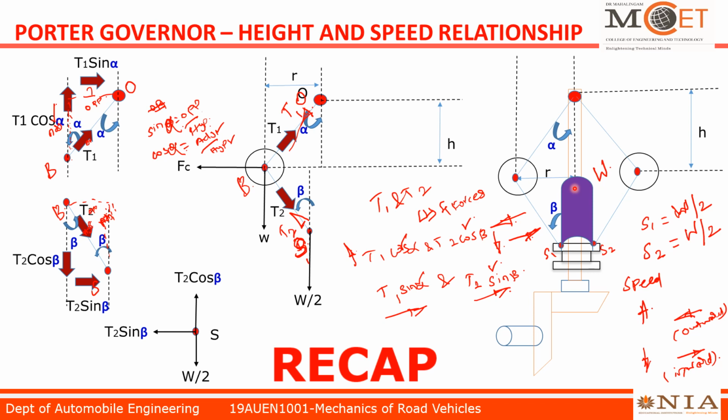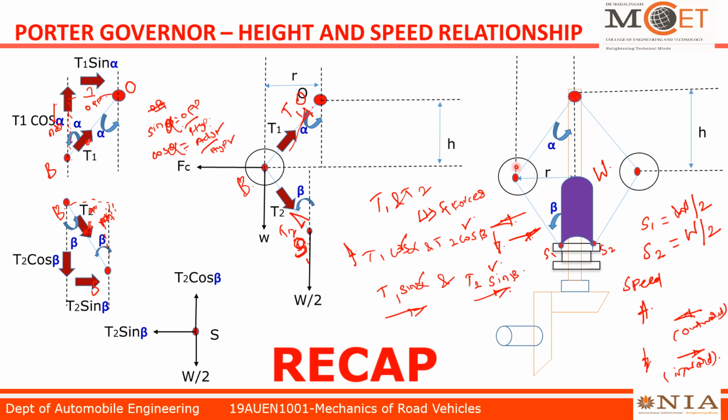So the Porter governor is called a dead weight governor. Half of the central load will act on the left side portion of the governor and half of the central load act on the right side portion. For analysis, we just took one side of governor. Here we took the left side in our account.